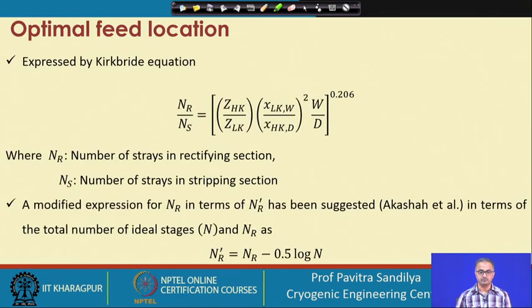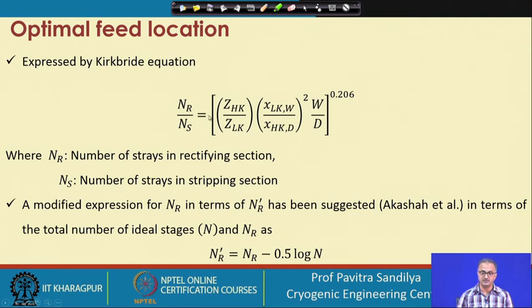To find the optimal feed location, this particular equation has been suggested by Kirkbride. Here we have the value of Z, and these are the mole fraction of the light key in the bottoms, the mole fraction of the heavy key in the distillate, the bottoms flow rate, and the distillate flow rate.